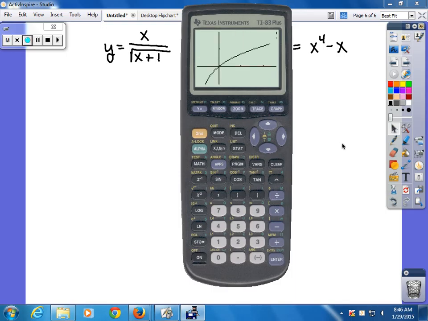And that's what it looks like. Alright, so now you transfer that over to a sketch to where at least you know what it looks like.